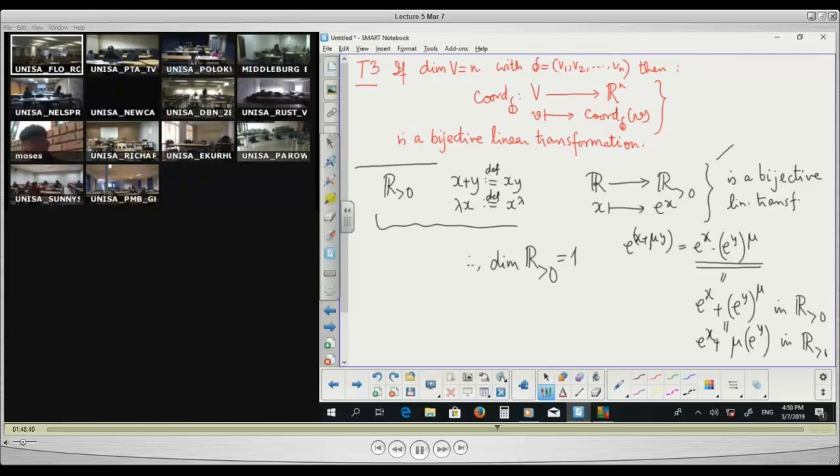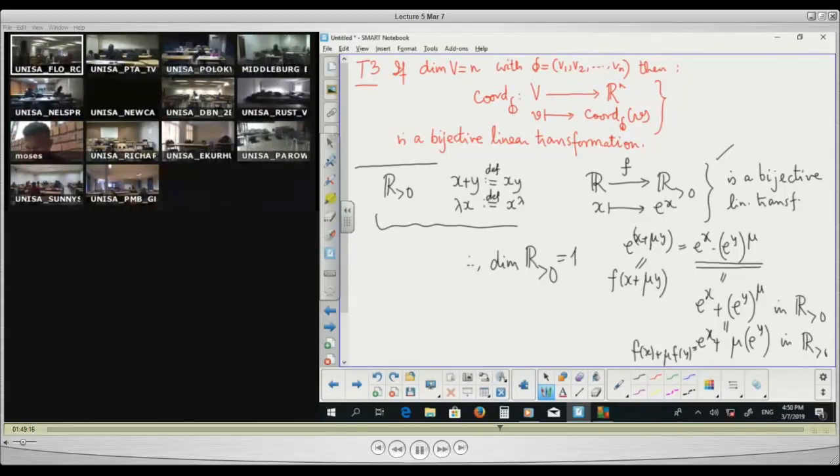And what is this? If you call this map f, this is f of x plus mu y. And what you show over here turns out to be f of x plus mu times f of y. Okay. So f is a linear map. It's a bijection and it's a linear map. Clear? So therefore it says that the dimension of this strange vector space is 1.